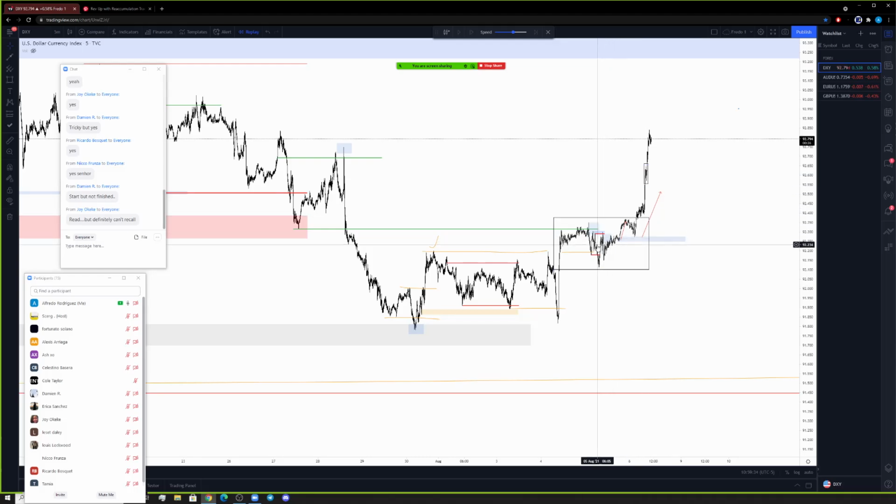So the stability, what's the word I'm looking for? The security, that's the word. The security of this range is much higher than the security of this range, right? Do you guys remember that I said that in the structure videos, that the security of a structural range is less the smaller you go in terms of structural level?